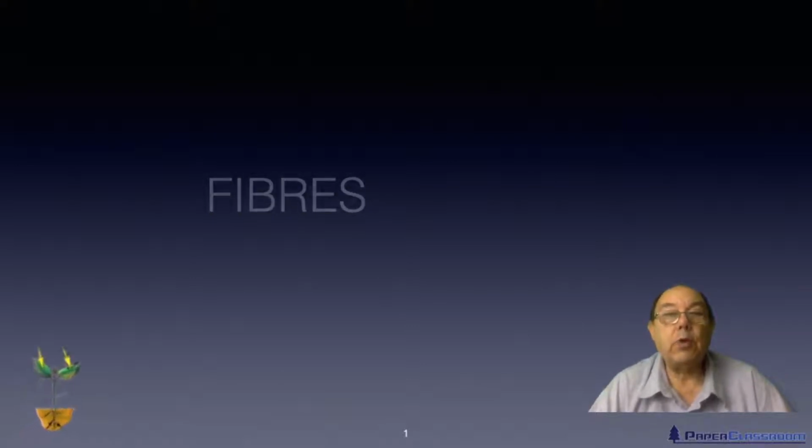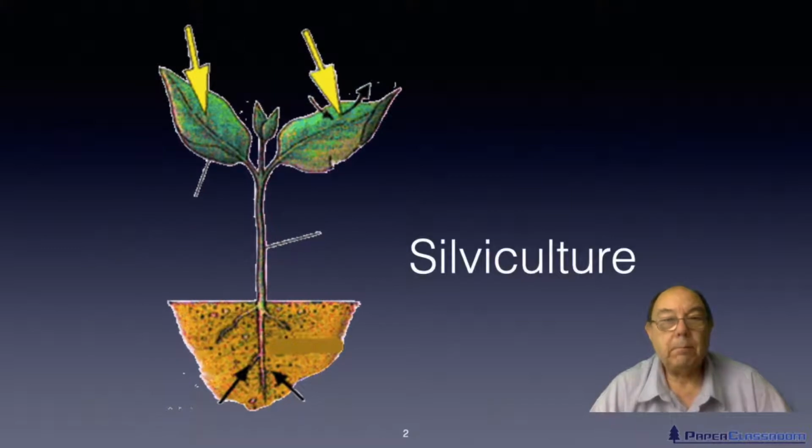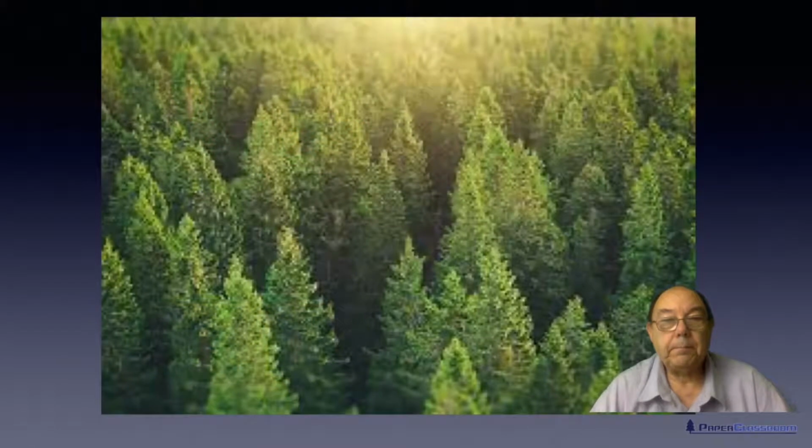In this tutorial we're going to be talking about silviculture. Silviculture is really just a fancy word for the establishment and management of forests. You've got to be very careful how you plant trees in forests. If you plant too many of the wrong type of trees or not the right mixture, it can lead to land erosion and all sorts of problems.